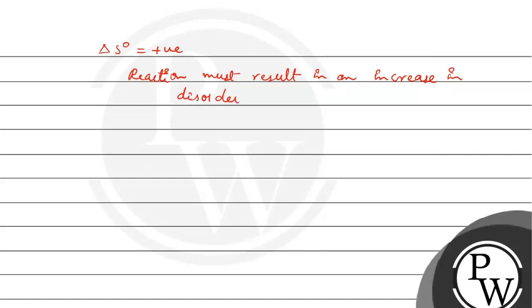Disorder in the sense of entropy only. So when will this disorder increase? When the number of gaseous molecules is more. Only then the disorder increases. So now we'll examine each reaction and try to understand in which delta S naught is positive.